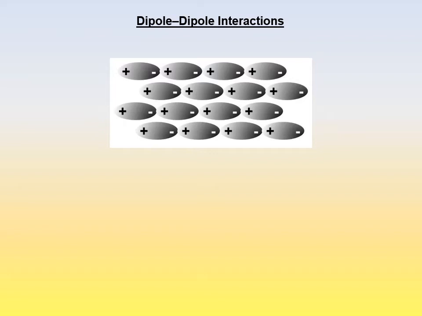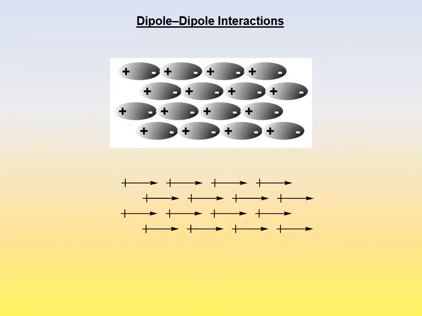Obviously, since they are permanent, those interactions are much stronger compared to London interactions. The average dipole-dipole interaction is about 100 times stronger compared to the average London interaction. And here is another way to represent it using those crossed arrows, if you recall from organic chemistry, to indicate the direction of the dipole.